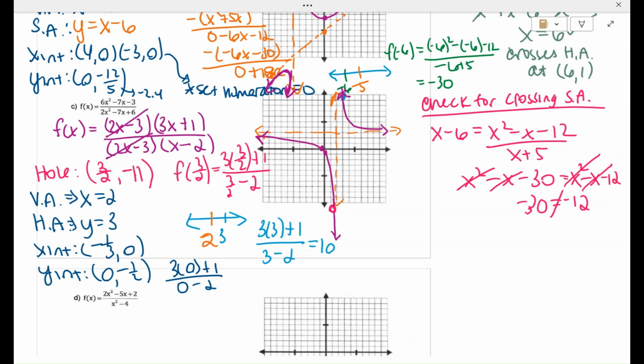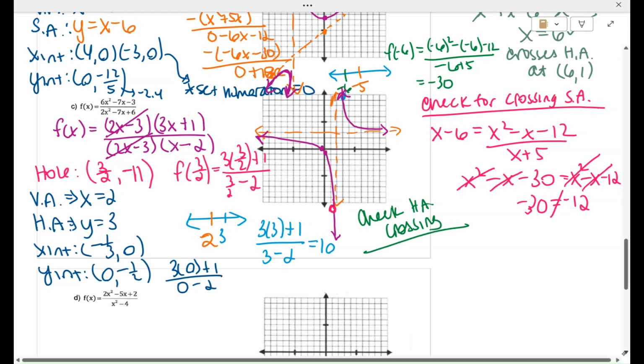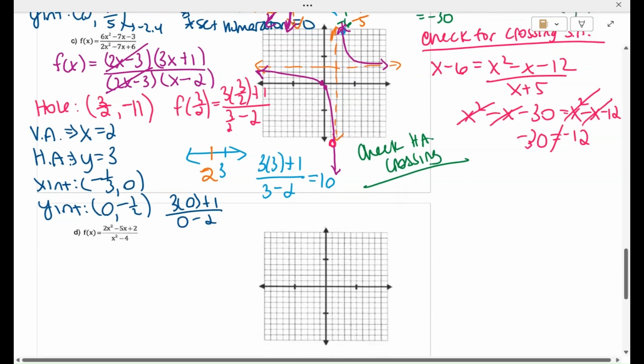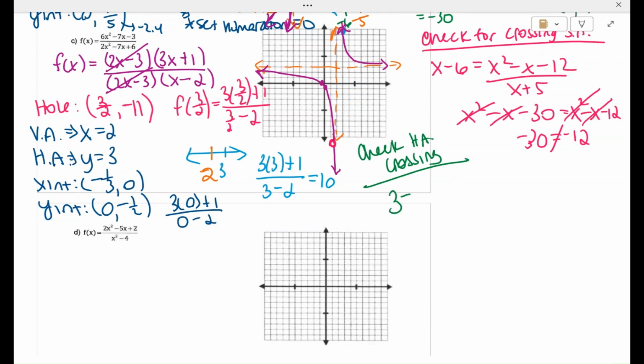And then the last thing to do is make sure that the graph didn't actually cross the horizontal asymptote anywhere. So we'll do a check for the horizontal asymptote crossing. We'll set 3 equal to (3x plus 1) over (x minus 2).